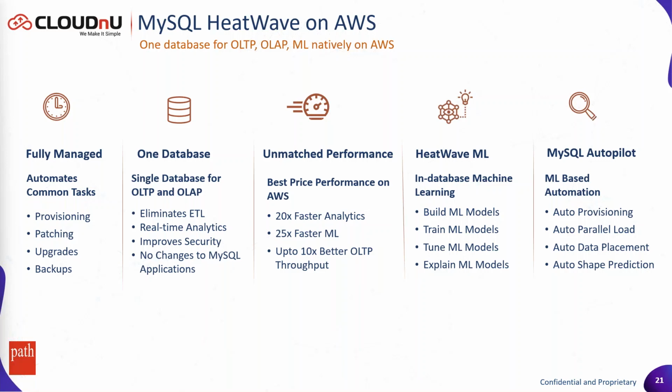Customers can access the database with very low latency and not pay any data egress fees. Just like on OCI, MySQL HeatWave for AWS is fully managed for provisioning the database, for patching, upgrades, and backing it up. No need for ETL, and you get the best price performance.